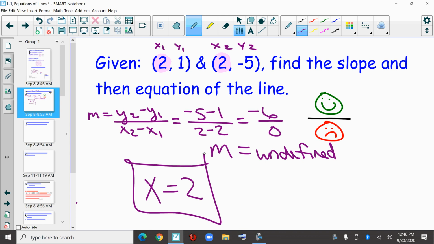If you would have looked at this more closely instead of jumping straight into the algebraic definition, you would have seen that the x values were both the same, implying that x has to be 2, which implies this is a vertical line, and vertical lines have no slope, meaning undefined. So look for those shortcuts, because that's what your brain needs to be doing now in pre-calculus.